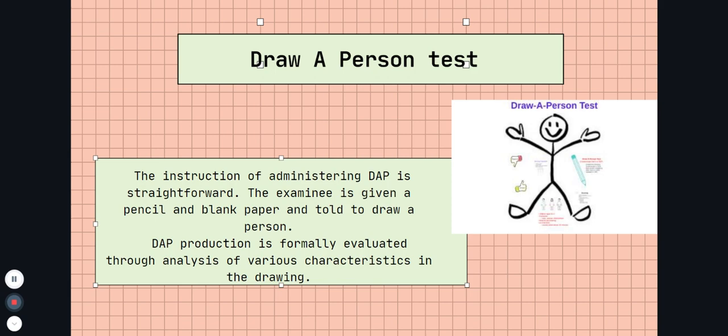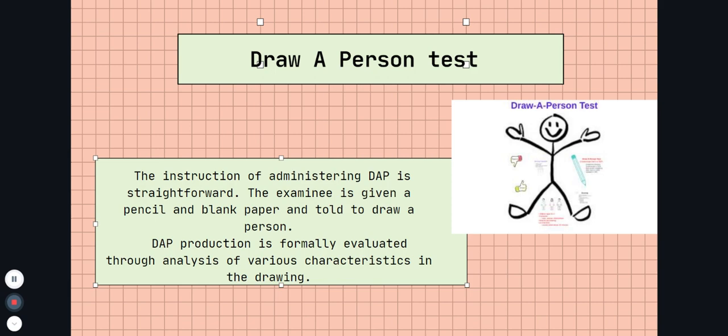And also, a child will use an 8.5 by 11 sheet of paper. So in the drawing, note also that the area below the waist is underemphasized relative to the upper body. According to Hammer, the slightness of the drawing from the waist down may be compensated for by the sheer forcefulness of the upper body.